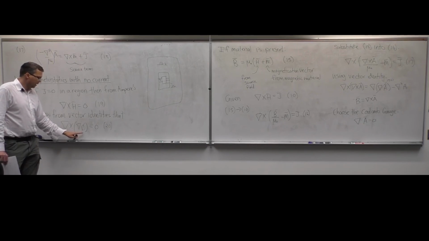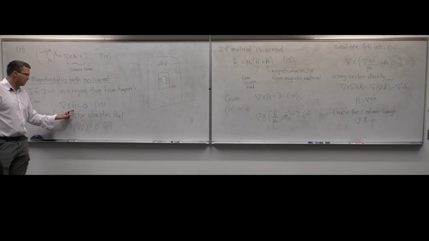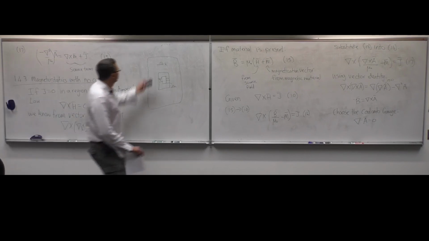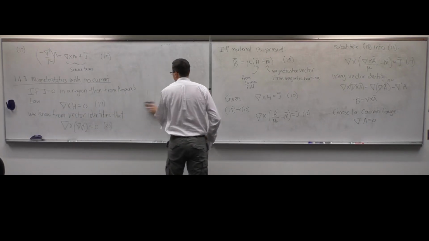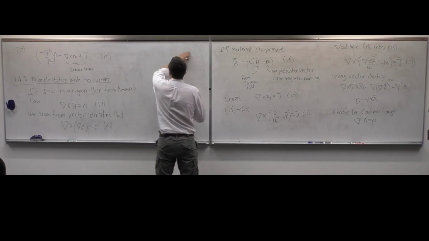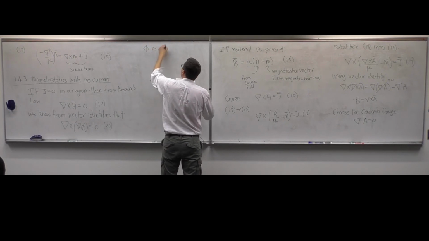Maybe it would be a lot easier to solve one thing than 3, and then you could then determine what H is by taking the gradient of this phi. So that's the idea. So phi is a scalar.